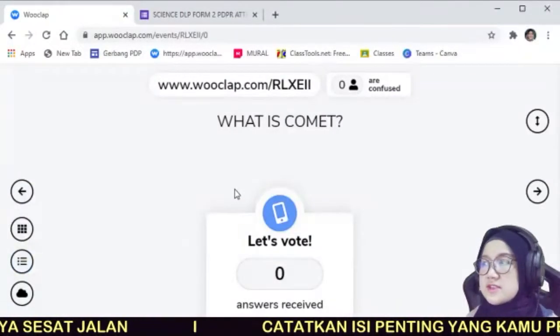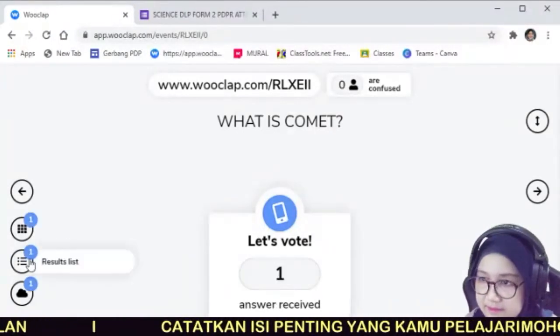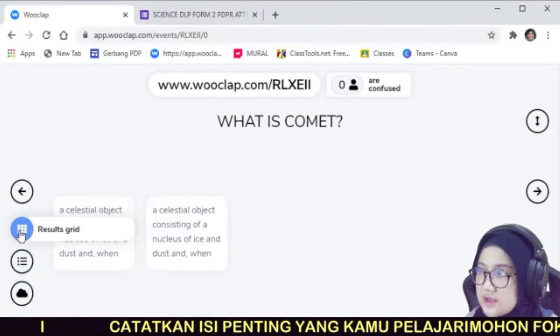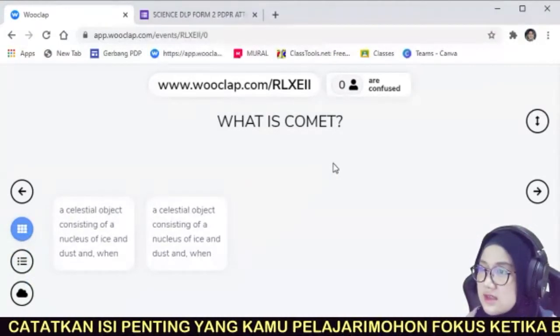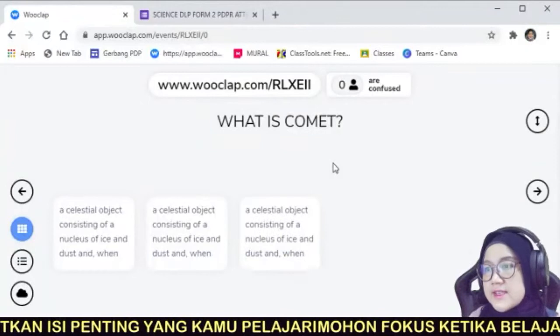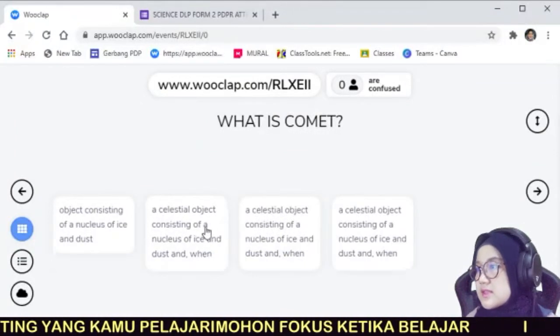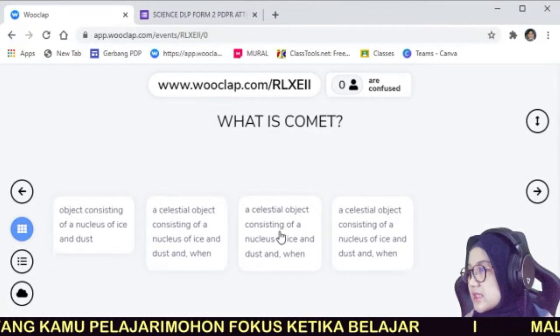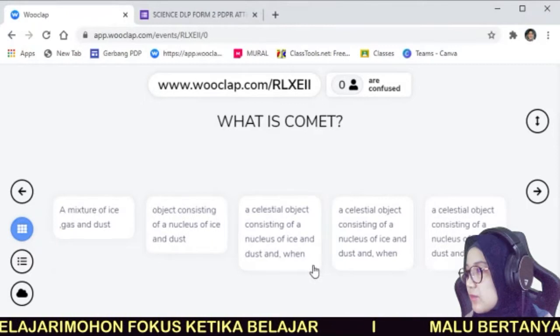Let's vote first. Here we can see a celestial object consisting of a nucleus of ice, dust and wind.